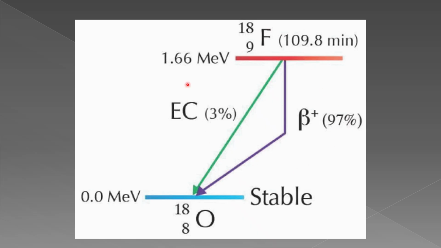A lot of positron decayed radionuclides will have both electron capture and beta positive. Sometimes the radioactive decay is pretty sloppy. In this case, only 3% is electron capture and the rest is positron. And so it ends up becoming O18, which is the element to the left of that on the periodic table. If you look at the periodic table, you have oxygen, and then fluorine is right next to it.